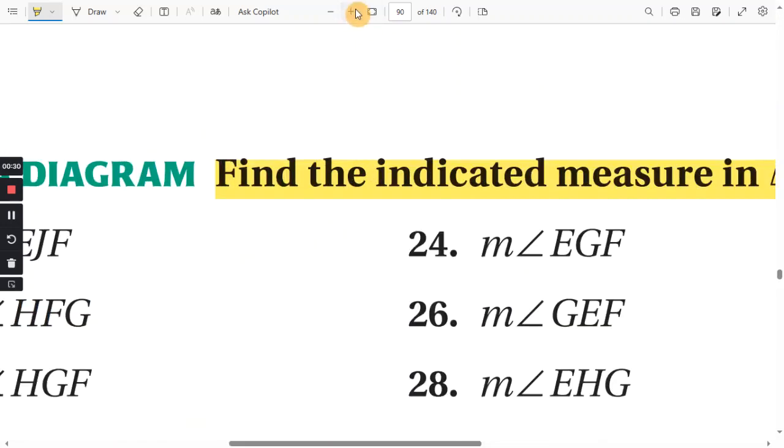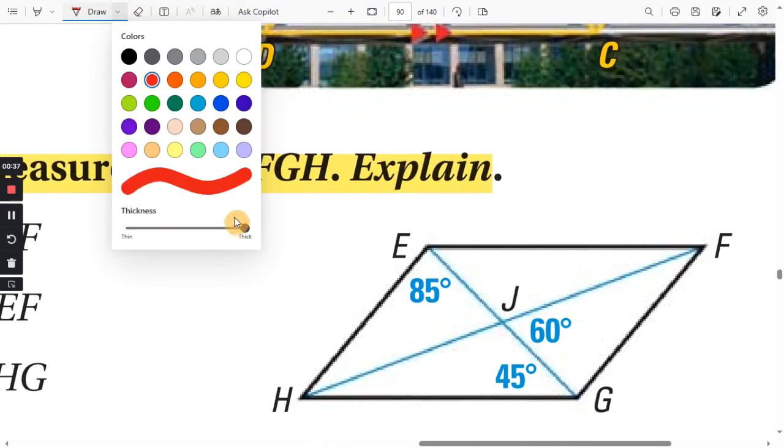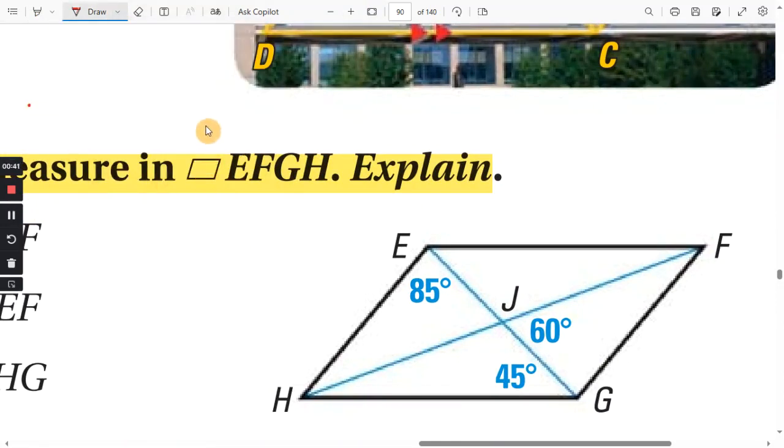How do we know that this is a parallelogram when the parallel sides are not indicated? Well, the thing is, this symbol right there indicates that this figure is a parallelogram.